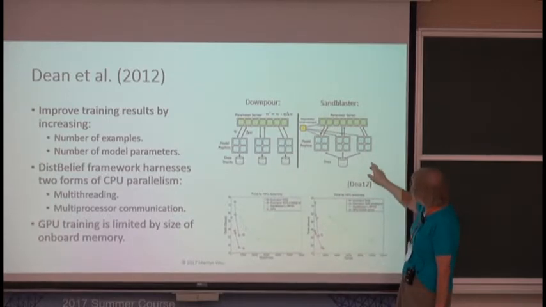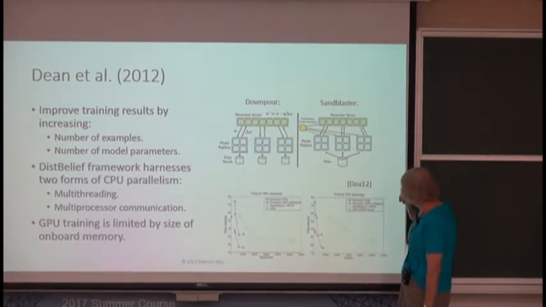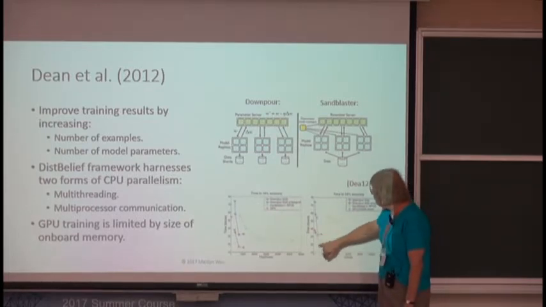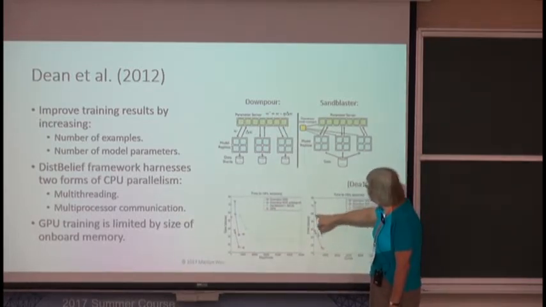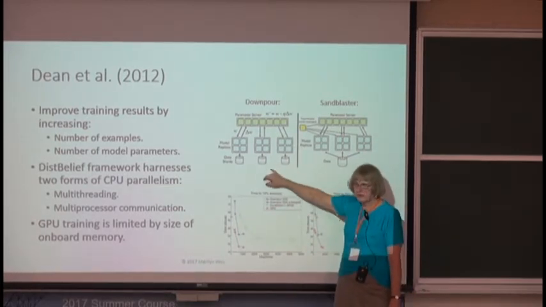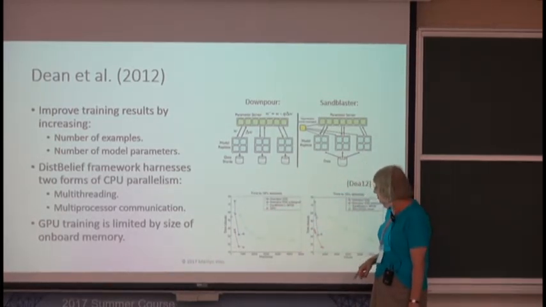The green is the sandblaster, the configuration on the right. The blue and the red are different variations of the down-core operation where they use different pieces of data going into different processors.